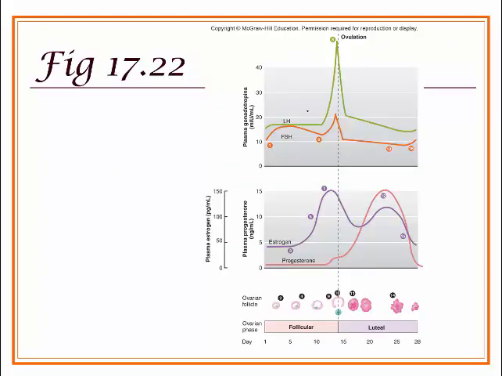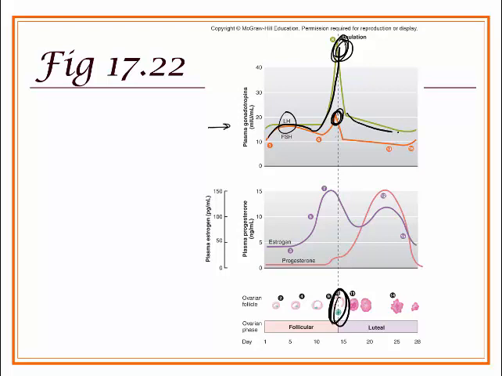Figure 17.22 also shows you the traces of the hormones that we discussed. FSH and LH are basically going to do the same thing because they are going to be stimulated by gonadotropin-releasing hormone. So they'll rise and then fall a little bit, and then they'll peak, which is the FSH spike and LH surge, which causes ovulation at day 14.